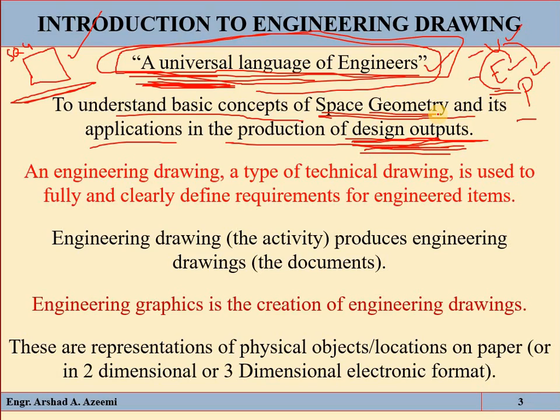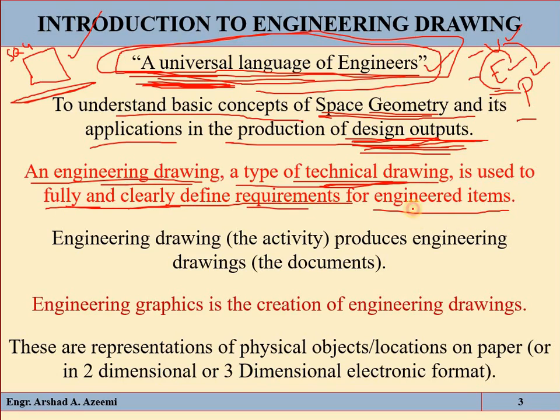Now when you draw those geometrical shapes, that is called engineering drawing. Engineering drawing is a type of technical drawing. Remember, we have different types of drawing, which we will discuss later on. Engineering drawing is a type of technical drawing that is used to fully and clearly define the requirements for an engineered item. Anything present in your mind, any product or design, that you want to manufacture practically, you will have to clearly and fully define its requirements by means of geometrical shapes.